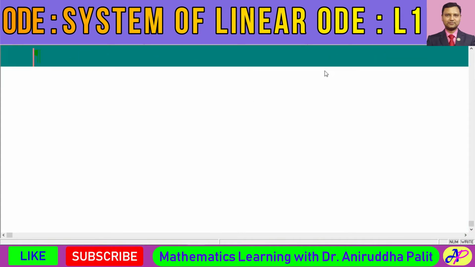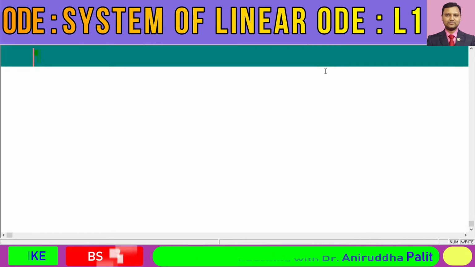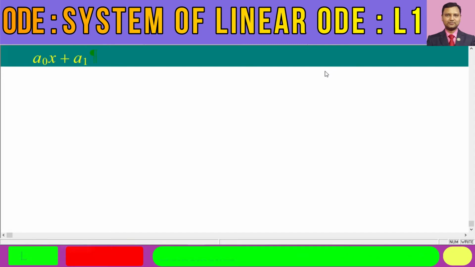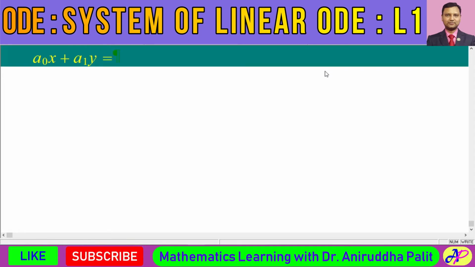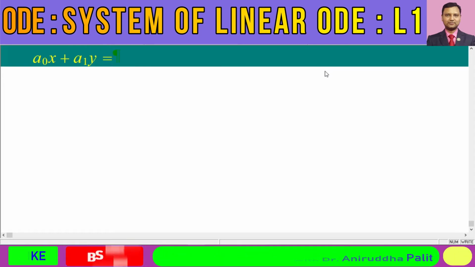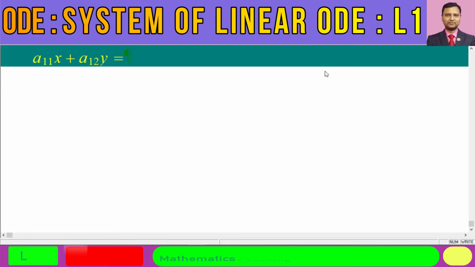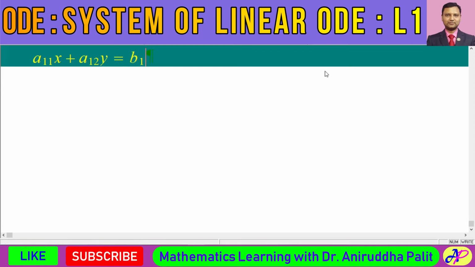Suppose you have this kind of equation, a11 x plus a12 y is equal to b1.